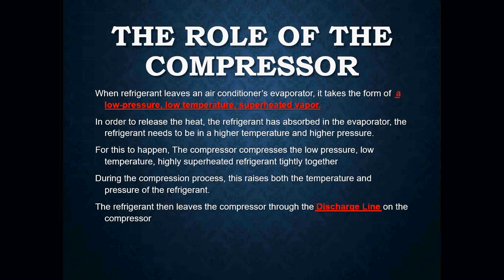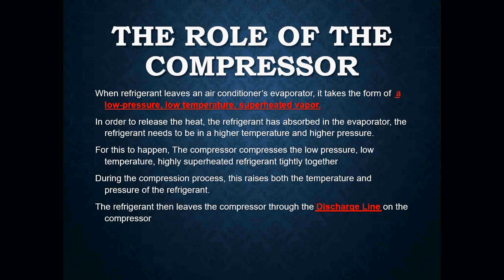So in order for us to take that low pressure, low temperature superheated vapor and raise its temperature and pressure, we have to have the compressor. It is the compressor that takes that low pressure, low temperature, highly superheated refrigerant and compresses it tightly together.